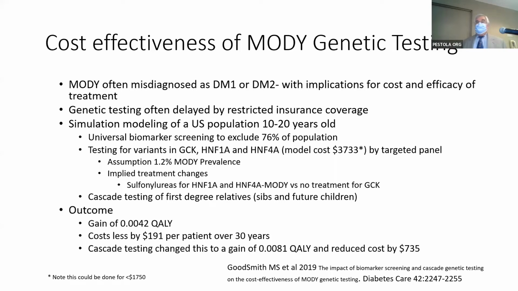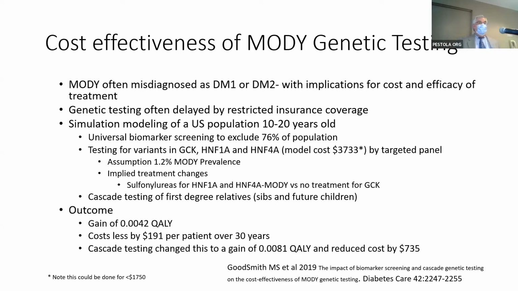They made some reasonable assumptions. 1.2% of the individuals with diabetes having MODY fits what we've heard over the day. And then they did cascade testing predictions for family. What they gained, 0.0042 quality adjusted life years. Quality adjusted life year is a good health statistic for how much better off are you for how much longer.